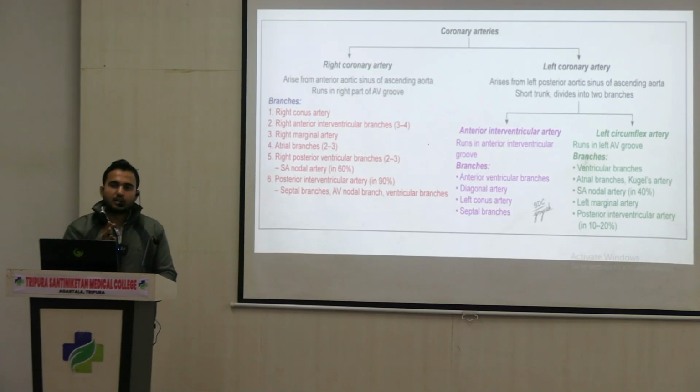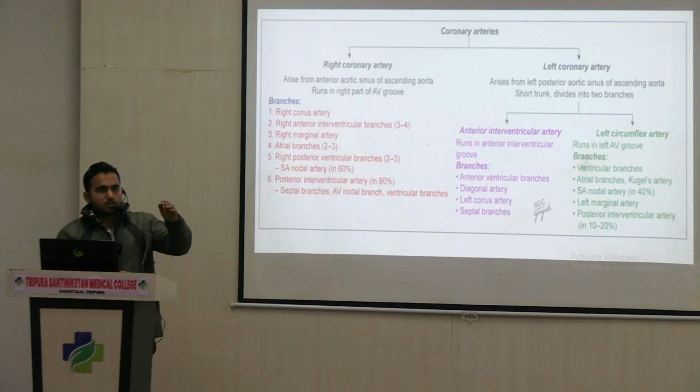Now the best way to study these branches is to divide them into atrial rami and ventricular rami, or also called as atrial branches and ventricular branches. Whatever branches there are, what you have to do? We have to segregate them into atrial rami and ventricular rami. Kindly note that point.